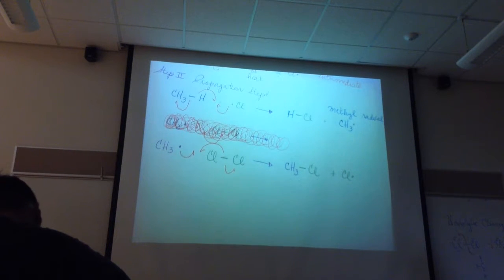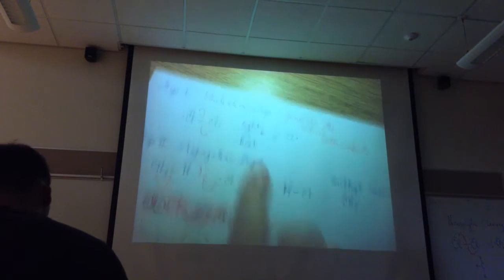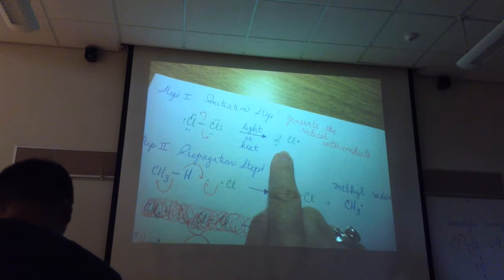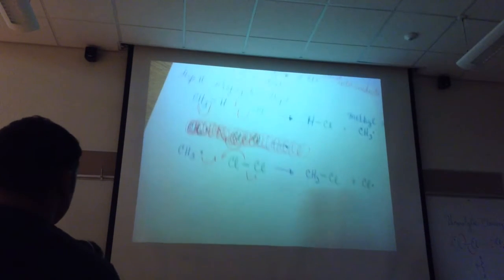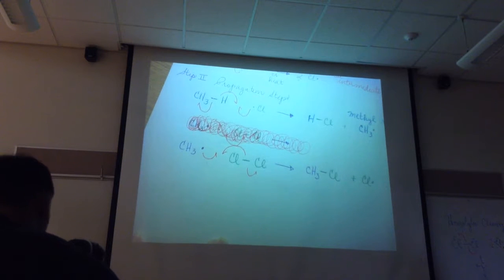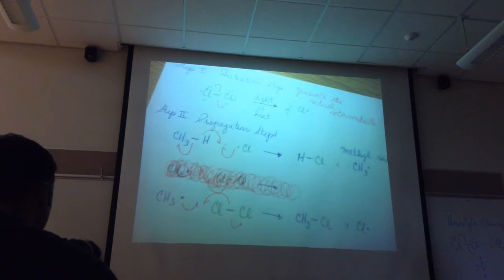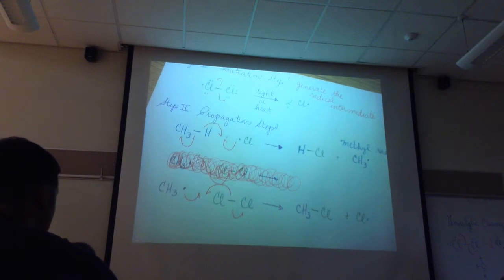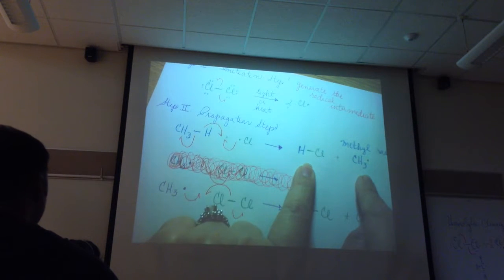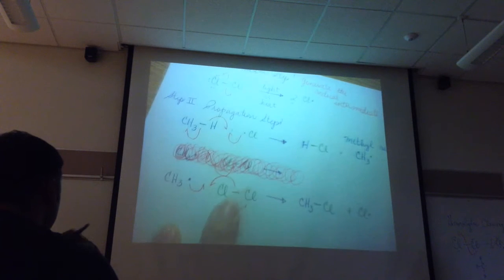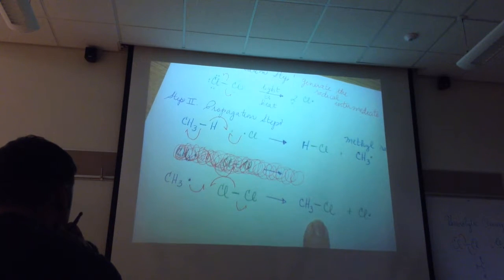The whole concept of chain reaction is that once you have initiated the step and you generate the chlorine, that chlorine gets produced over and over and over again. And so for me, and I have to try to find ways that I will remember this, my propagation steps have molecule radical, molecule radical.